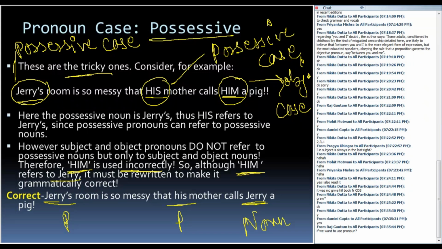You will have to use a possessive case pronoun. Possessive case pronoun, it can only be his. Jerry's room is so messy that his mother calls he's a pig will not make sense. So it is not possible. Grammatically, it's not possible. Okay.